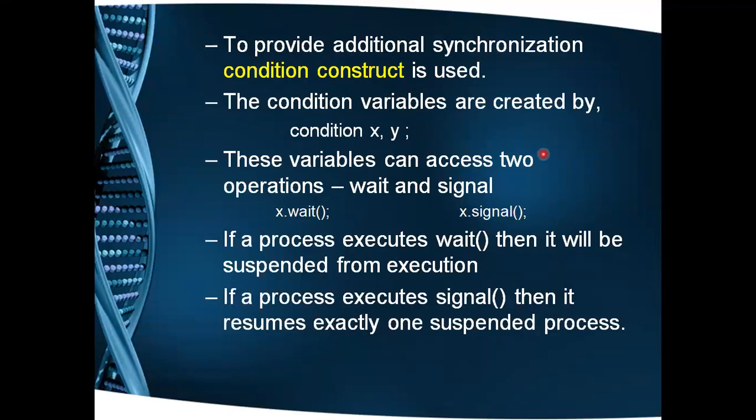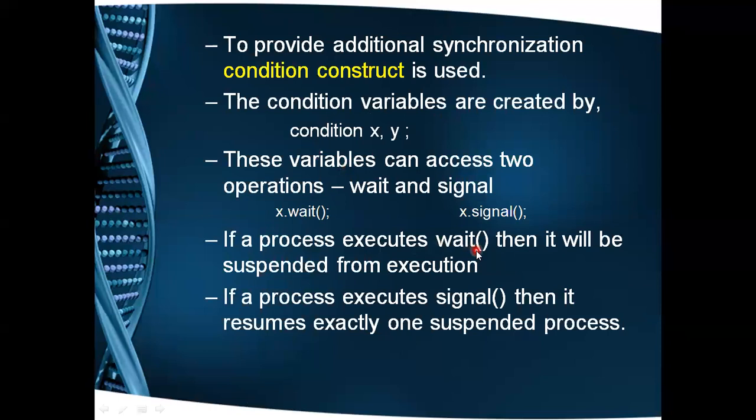In addition to the monitor, another synchronization construct is used, called the condition construct, or condition variables. We can create condition variables like this: condition x, y. Here x and y are condition variables. These variables can use wait and signal operations, like x.wait, x.signal.